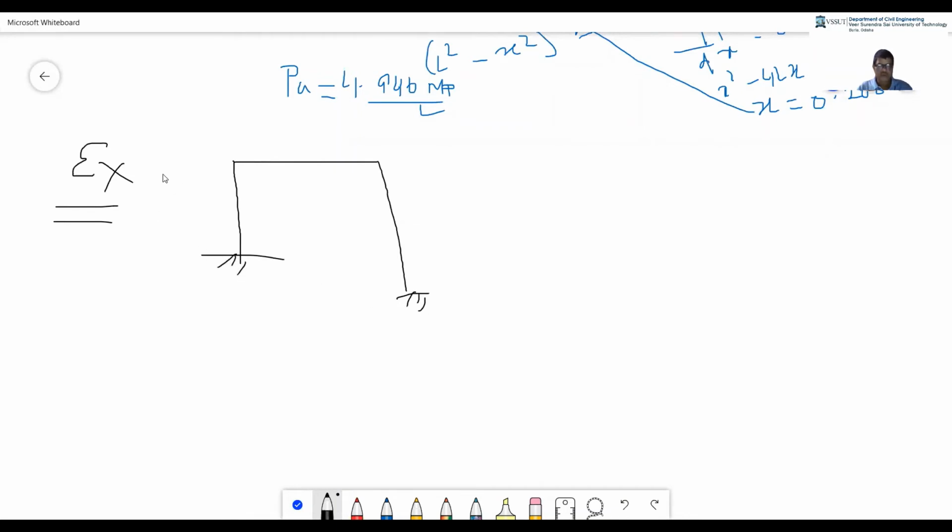Here it is given 20 kilonewton, and here 50 kilonewton. This is 2 meter, this is 2 meter. Height is given 4 meter, and this is given 6 meter.